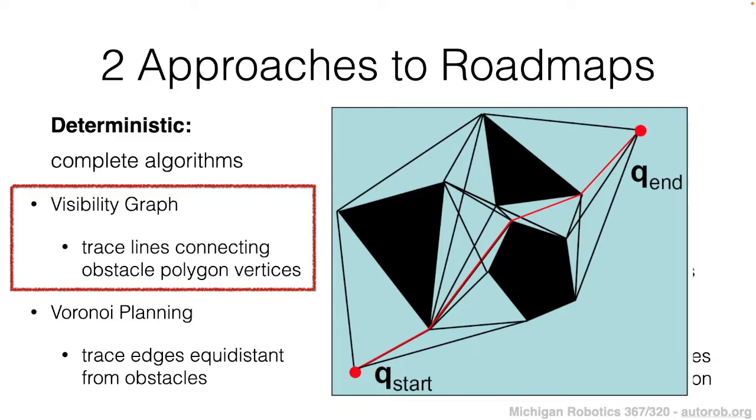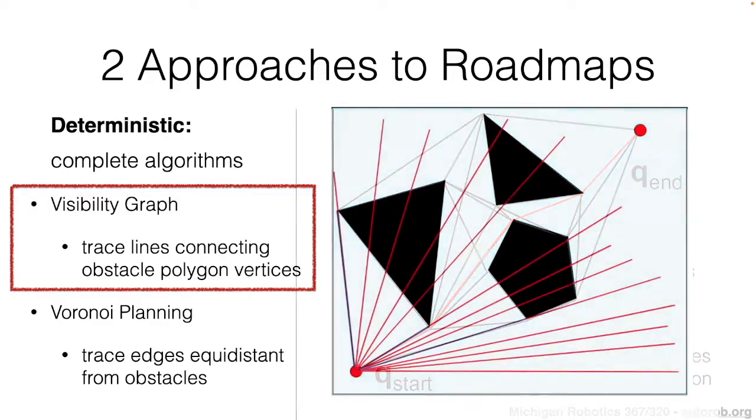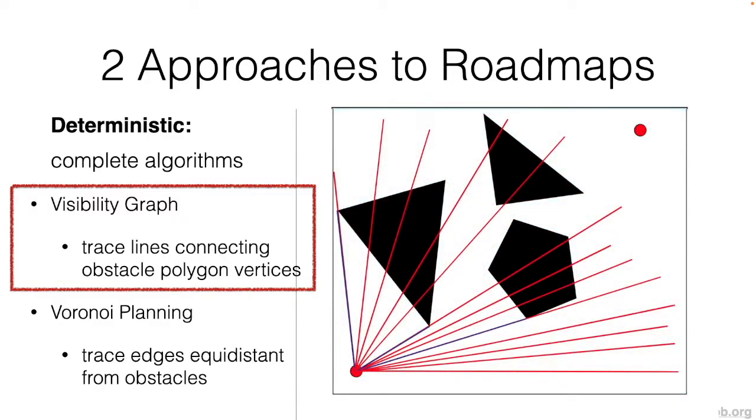And so the way then that you could potentially implement this as a deterministic algorithm is for every one of those vertices, including the start and the goal location, you could imagine essentially sampling a discrete set of rays, and then evaluating where those rays intersect with other vertices that we want to consider. So in this figure, we're tracing the rays extending out of the start location, and then you can see the blue highlighted rays are those that intersect with vertices of our polygon world obstacles.